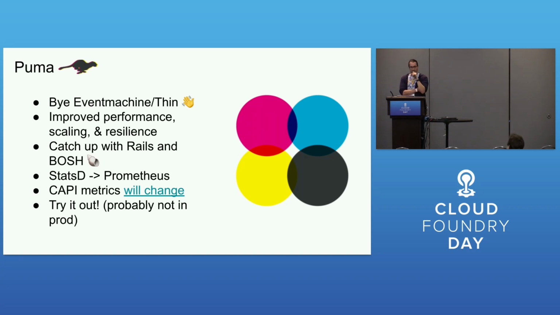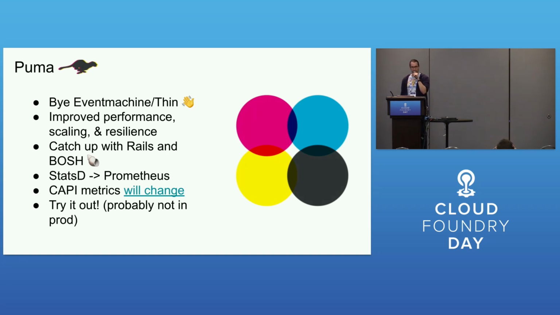For a long time, Cloud Controller has been chilling on Event Machine and Thin, which made a lot of sense at the time, especially when Cloud Controller needed to talk with NATS. But I think we've now reached the point where that doesn't make sense anymore, and it's time to move on to Puma and hopefully see a lot of improvements.